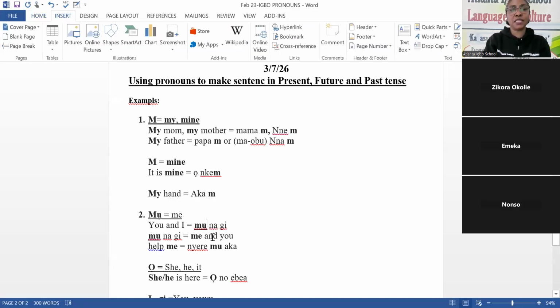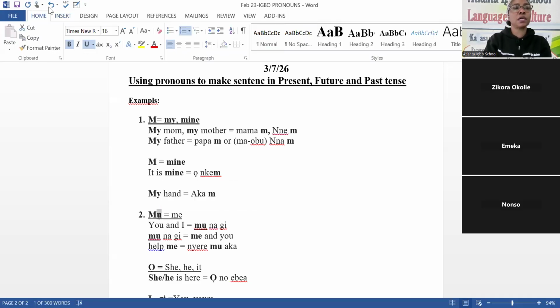That's how you do it. So mu is supposed to be punctuated. Nyeremu aka. I don't know why I put a dot there; it's not supposed to be a dot. So you know how to use mo. Mo in Igbo means me.